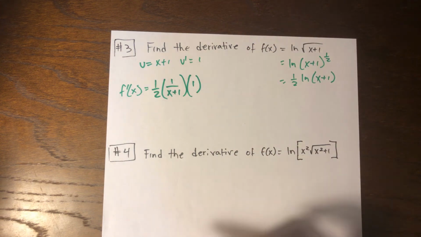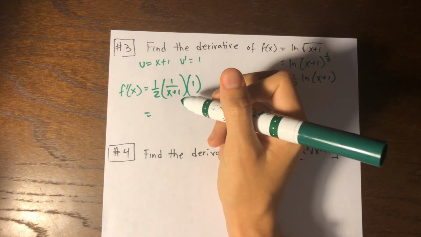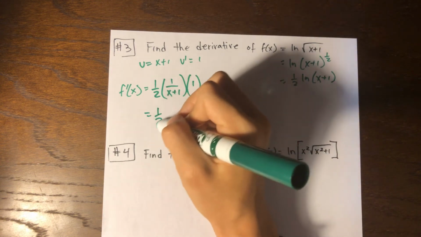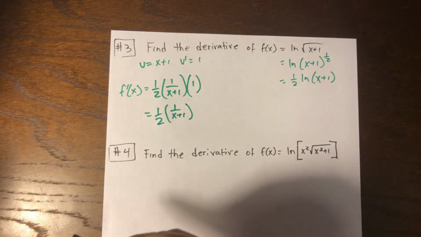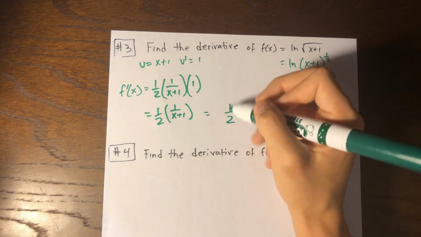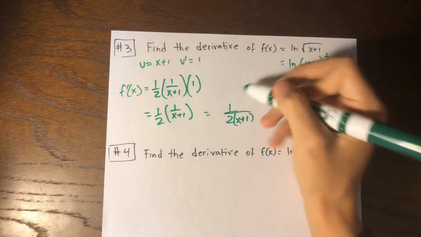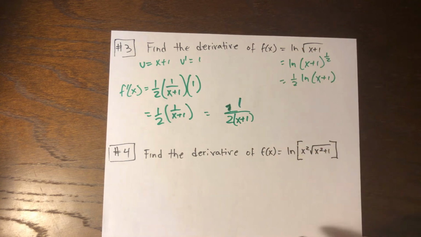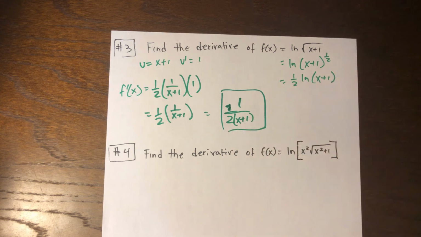Okay, so when I simplify all of this together, I would get a half times 1 over x plus 1, which is the same thing as saying a half times the x plus 1 up top when you multiply straight across. So ignore that, it's 1 over 2 times x plus 1. That's our derivative.